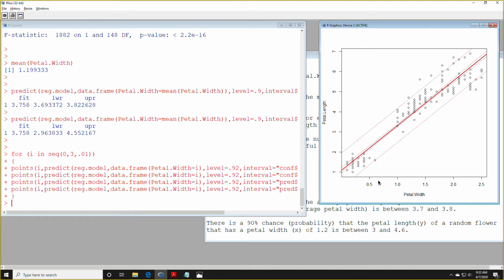But when I predict a single observation, a single flower, instead of talking about an average, whenever I look at a petal width of 0.5, now I would say that there's a 90% probability that the petal length is going to be between right here and here. And again, at 1.5, I'm 90% confident, 90% probability that the petal length is going to be between here and here. So you can see the difference, right? The prediction interval is much wider than the confidence interval. But you won't have to replicate that, but hopefully that's a good picture to show you the difference.